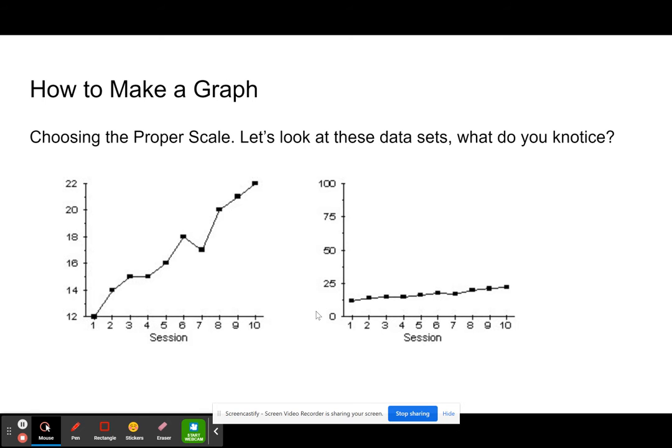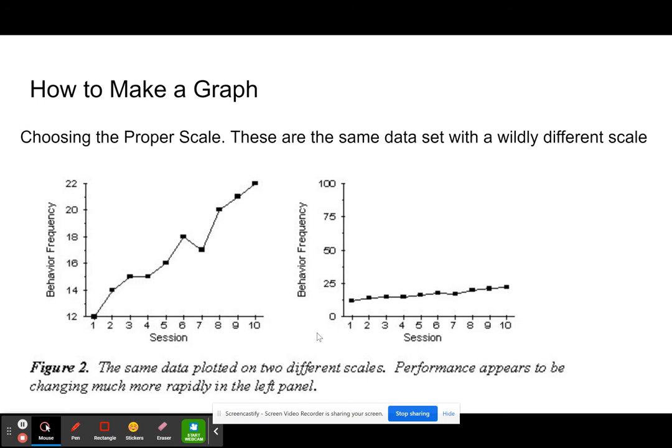The next part is choosing the proper scale. What do you notice about these two data sets? If we look at the scale, they're the exact same set of data. It's just that this is way zoomed out, right?